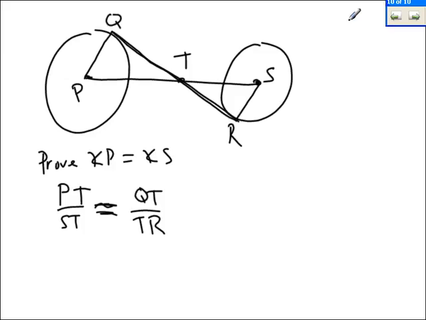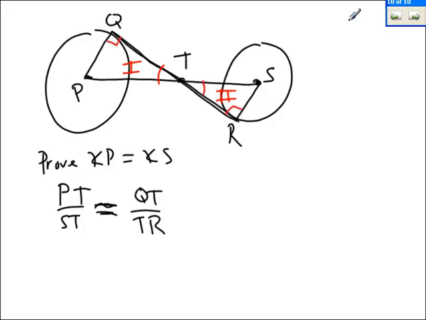Okay, so now first thing I will say is QR is tangent to both circles. That means we have right angles here and here. And opposite angles are equal. We have two triangles, the top left one and the bottom right one.